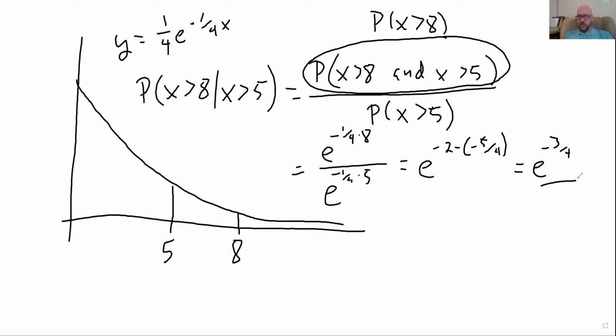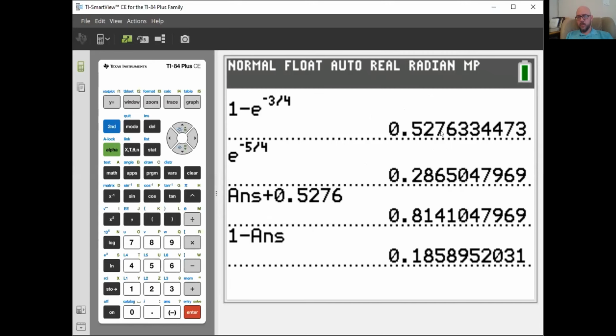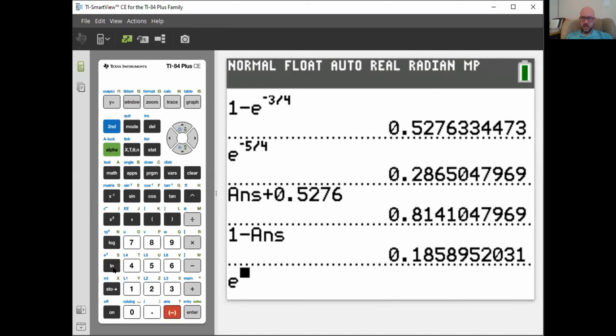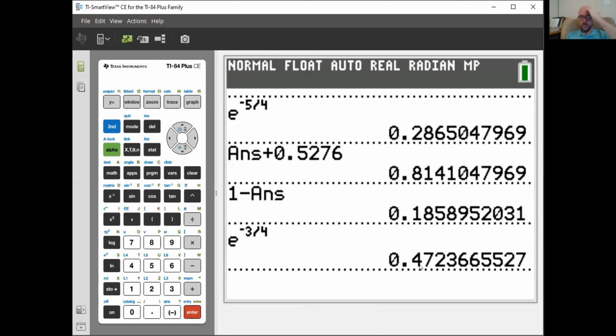And e to the negative 3/4, if you recall, is what we got. Well, we didn't actually do that one, but let's do that. So if we do e to the negative 3/4, we get that. We actually did this one using the complement rule, 0.4724.